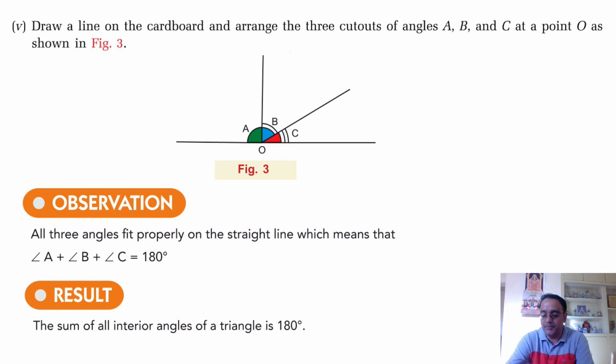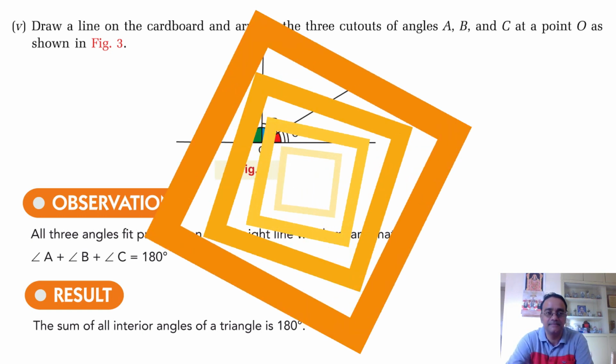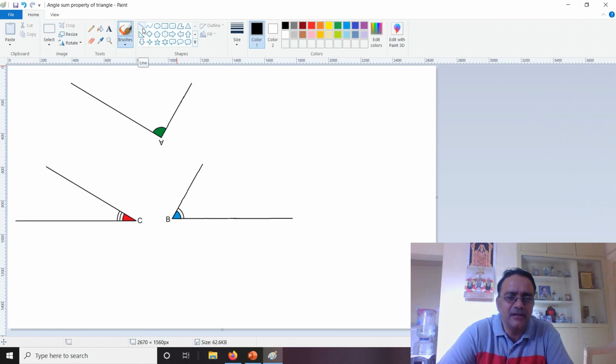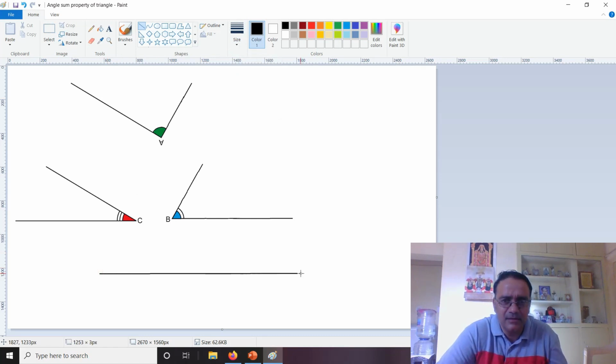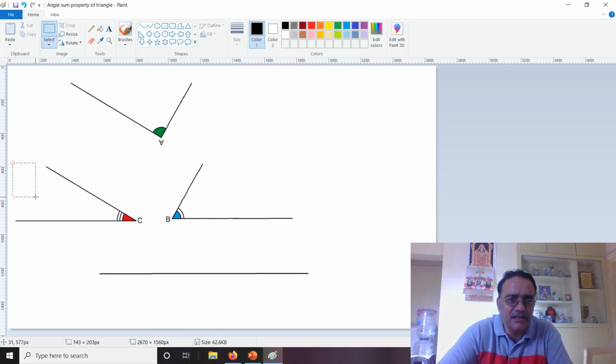Okay, so now I am showing this activity a little. I will show this activity, the last step, how these three angles we will place to show that it will form a straight line. First I draw a line. Okay, after that I will place one angle first, this angle C let's place first.